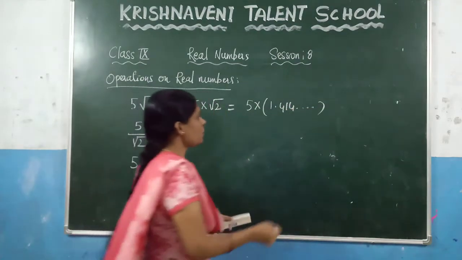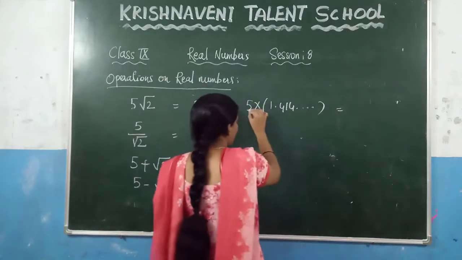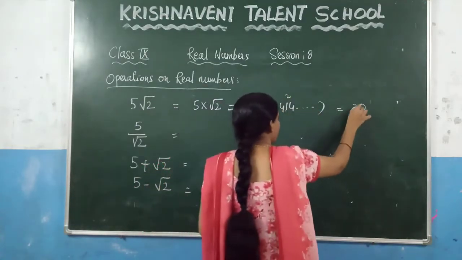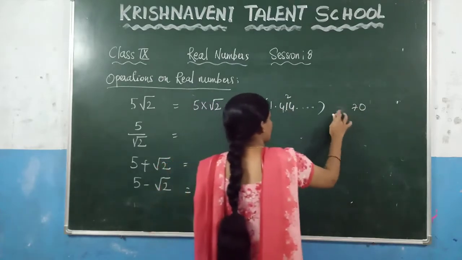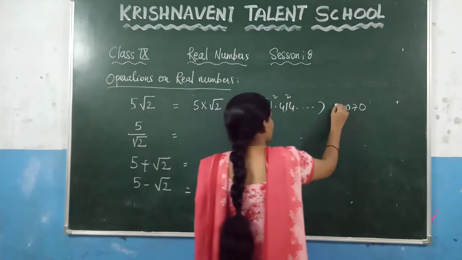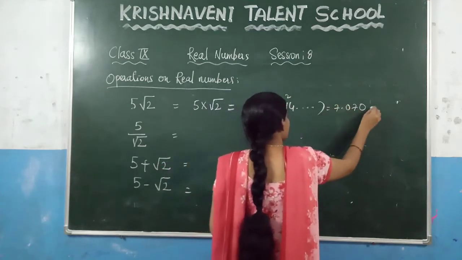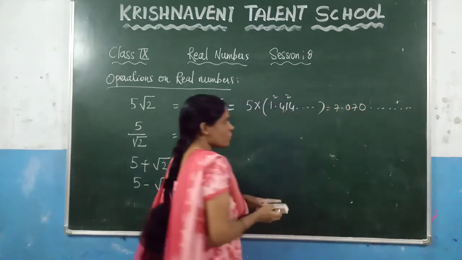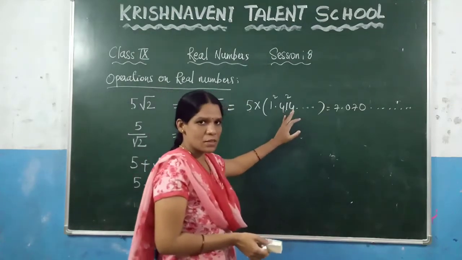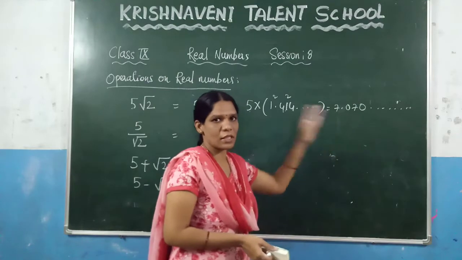Just multiply it: 5 4s are 20, 0, 2; 5 1s are 5, 7; again 5 4s are 20, 0, 2, 5 1s which is 7. You got 7.0710 and so on. Because this is a non-terminating decimal, it keeps on going after the decimal point.